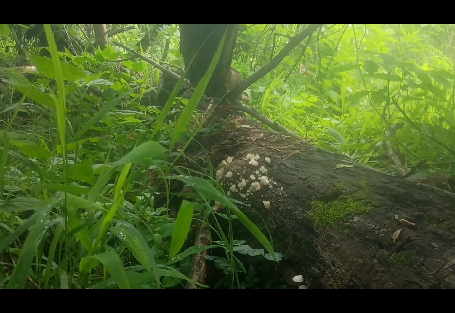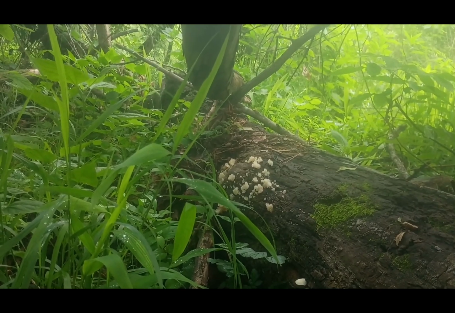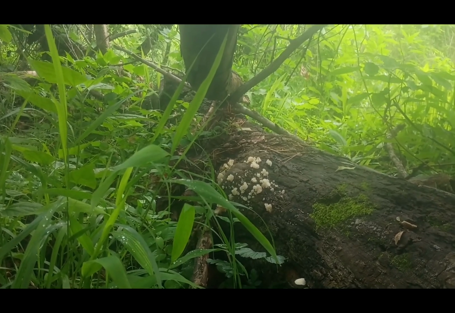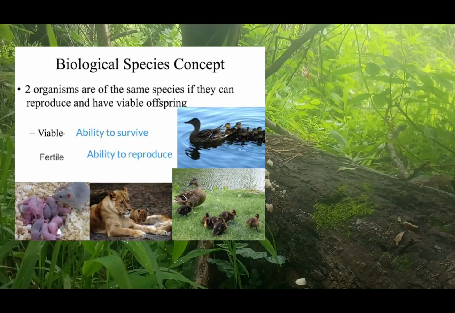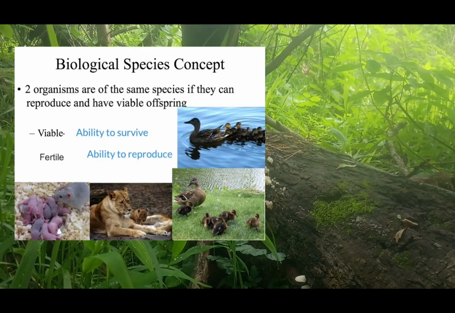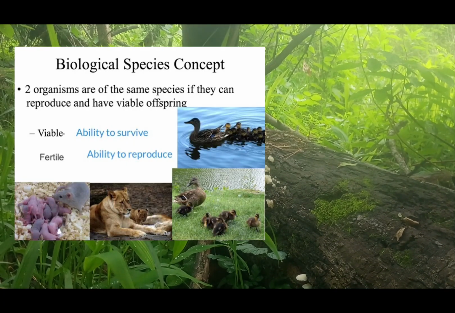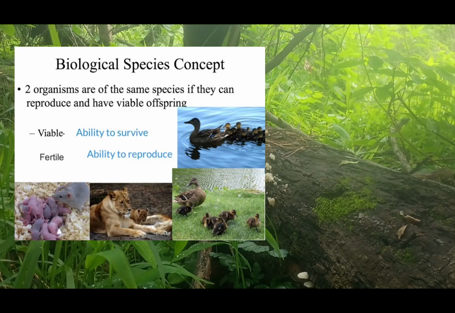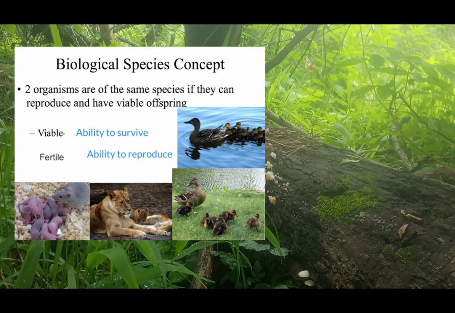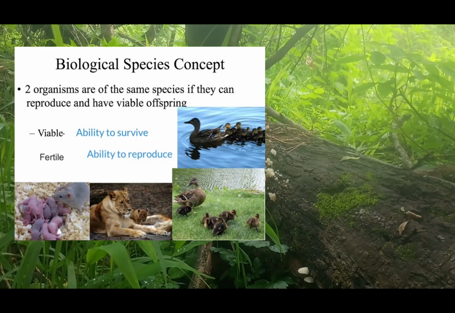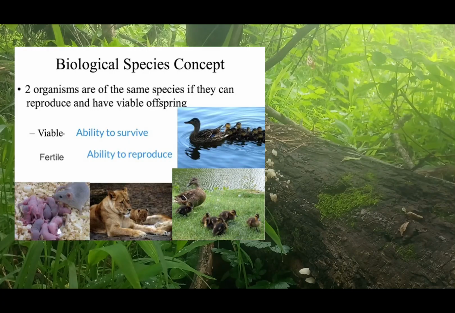And there are a lot of different concepts of what a species is, even though there's no single perfect definition of a species. There's the biological species concept, where a species equals organisms that can interbreed and produce fertile offspring. But the limitation is that it can't apply to asexual organisms and hybrid species that can be fertile.